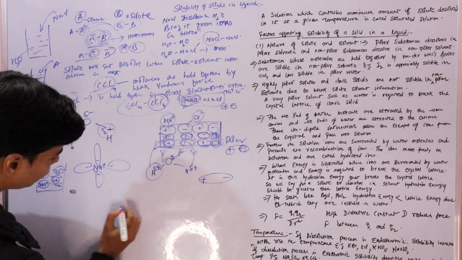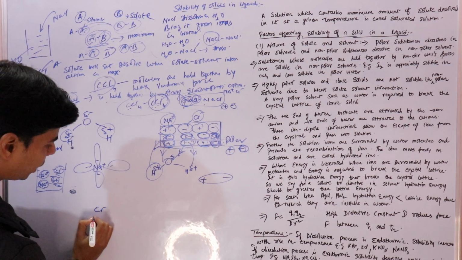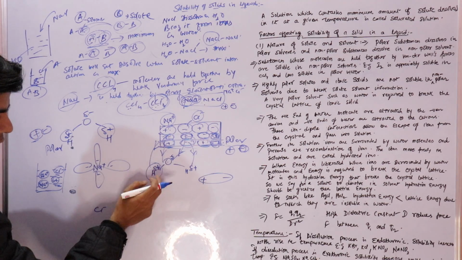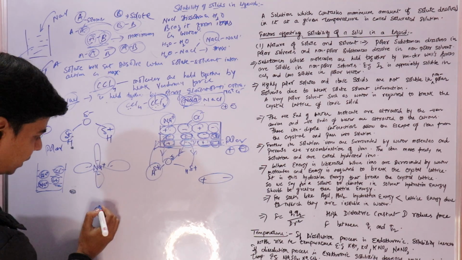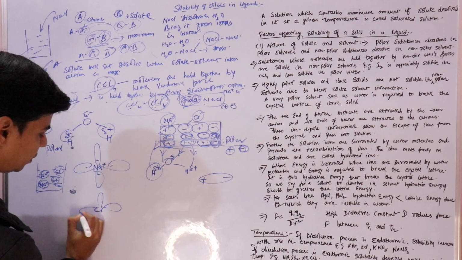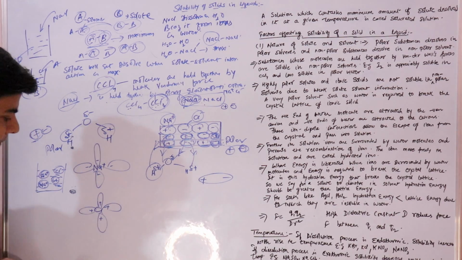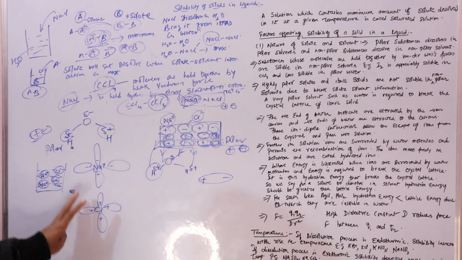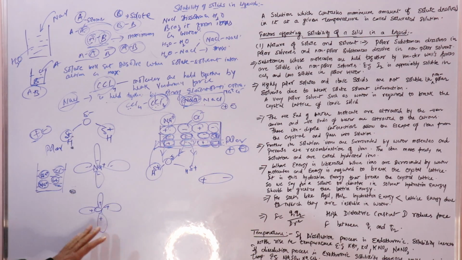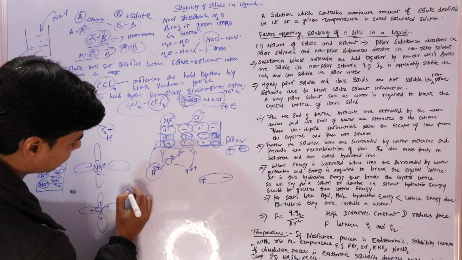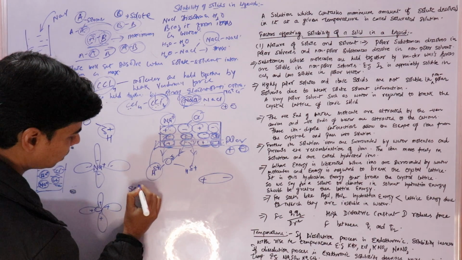The negative end of water molecule will surround the positive ions. Similarly, chloride ions would also be pulled by these positive hydrogen atoms, so chloride ions would be surrounded by the positive end of water molecule. This process where water molecules surround these oppositely charged ions is known as solvation of ions.